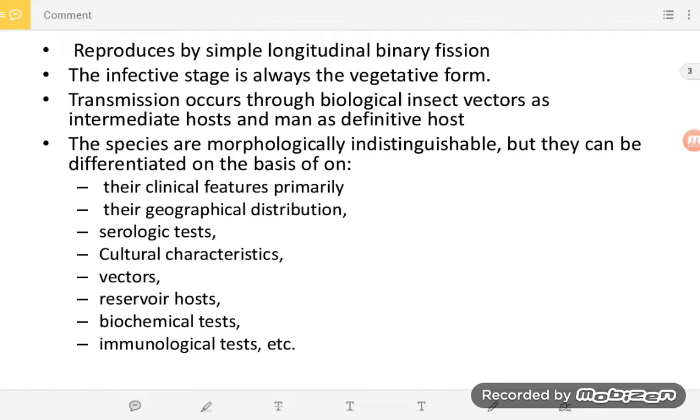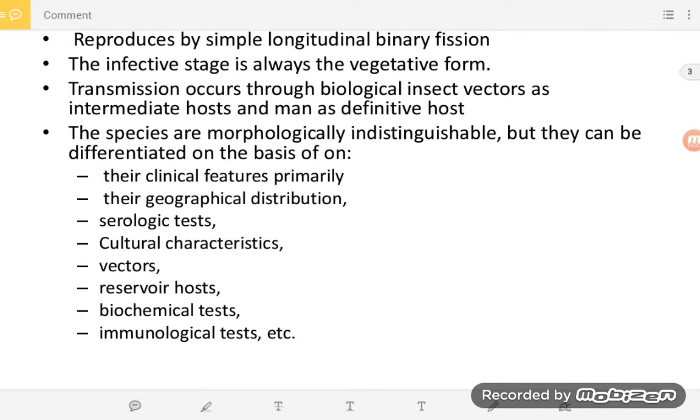But Leishmania species are normally transmitted by sandfly, the Phlebotomus species or Lutzomyia. Then the reservoir host, biochemical tests, and immunological tests can also be used. By using these characteristics we can differentiate the species, but morphologically it is difficult to differentiate them.